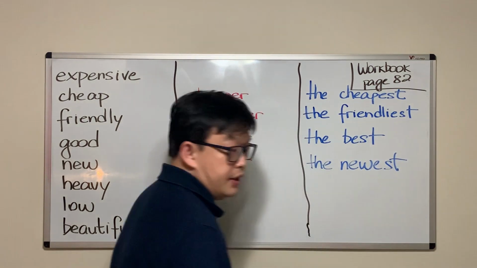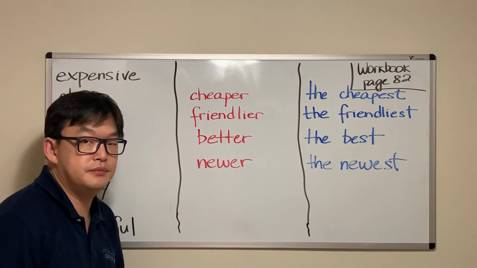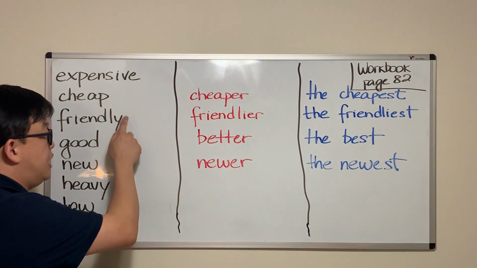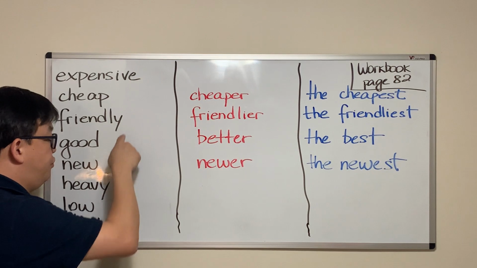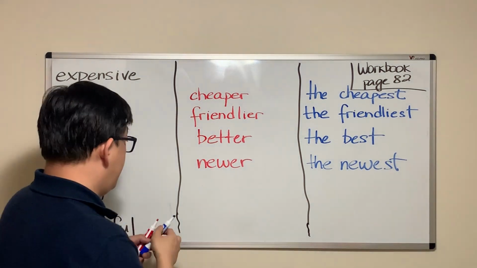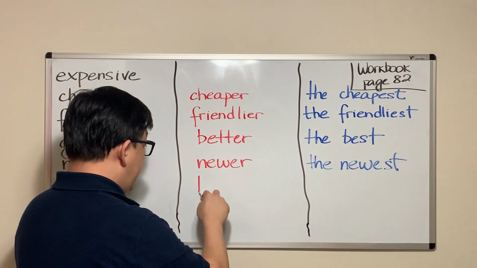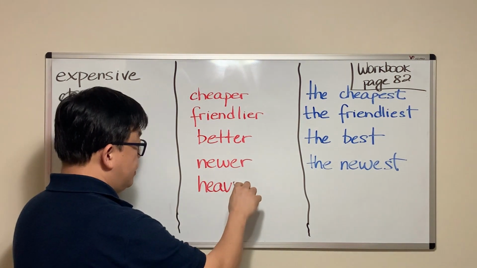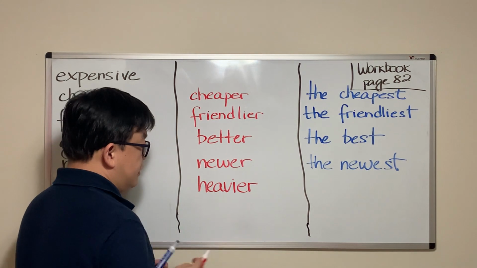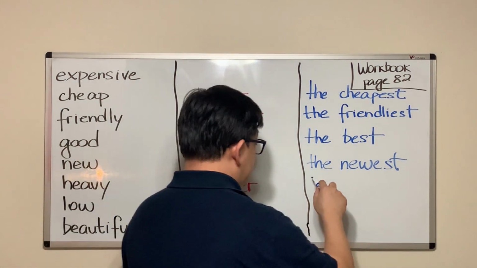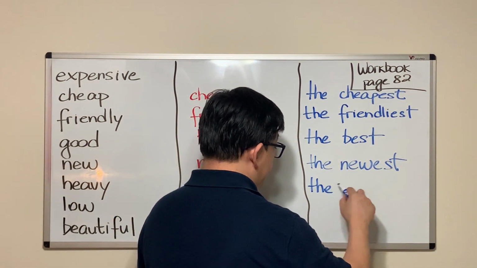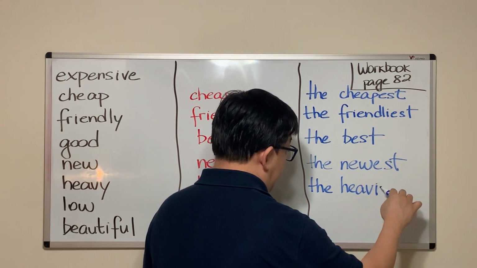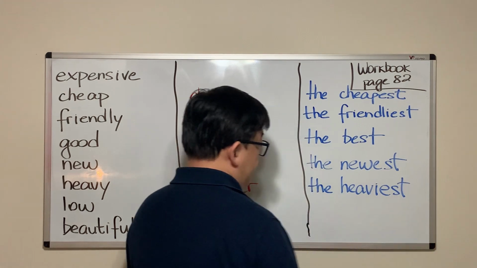Okay? Easy or difficult? Heavy, again, the same rule as friendly. Heavy comparative is heavier. The Y disappears. You have an I. And the same, the Y disappears, I, the heaviest.